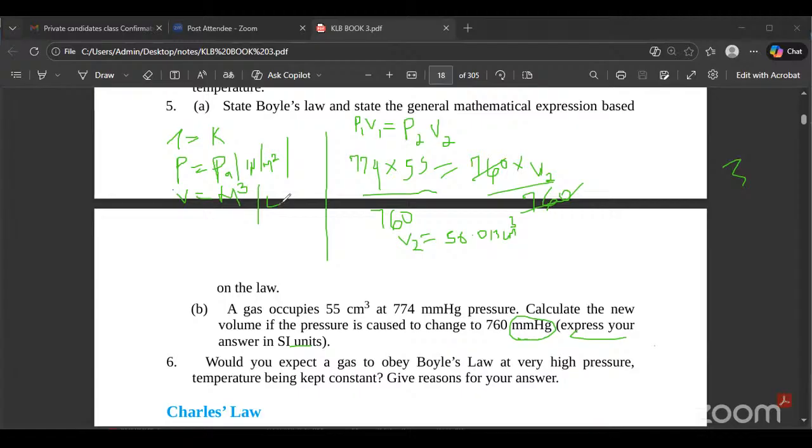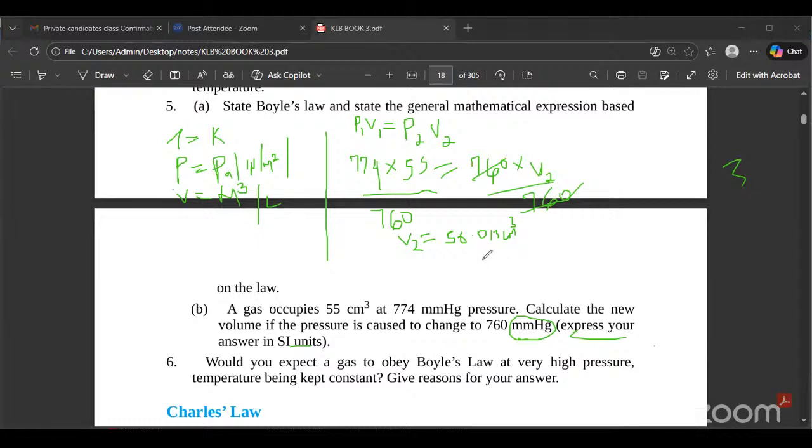When they tell you to convert to the SI units, that means we are converting to meters cubed. Sometimes they will tell you in the question to convert your answer into liters or milliliters. So today this question is guiding us so that we know how to express it.